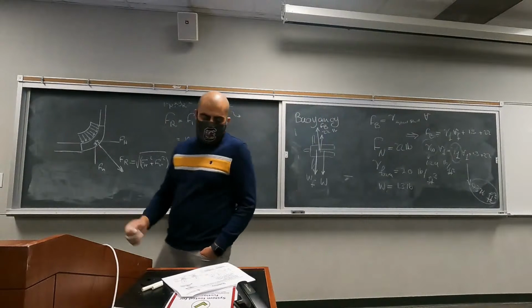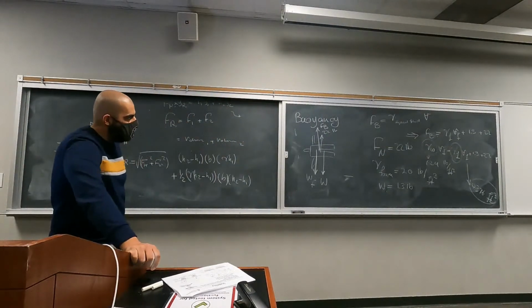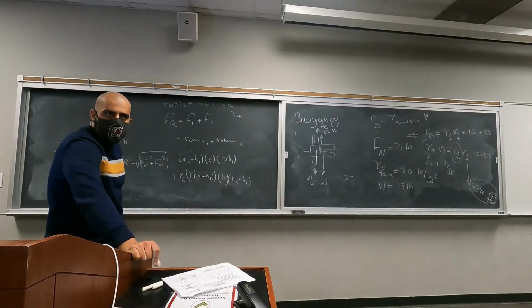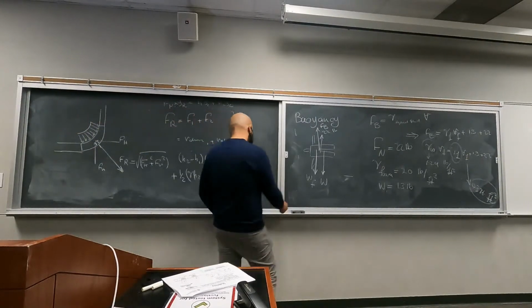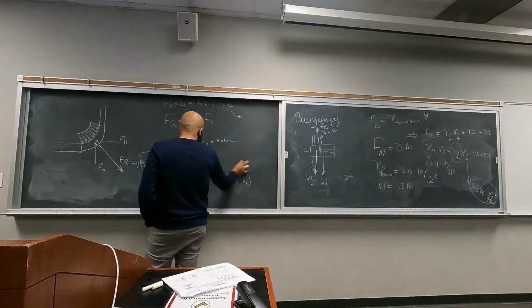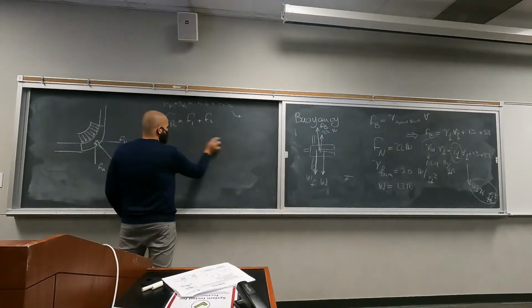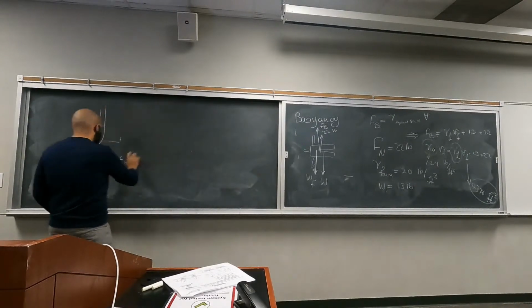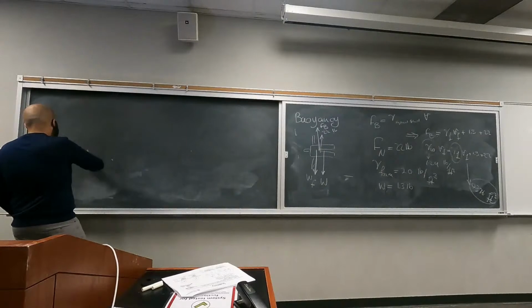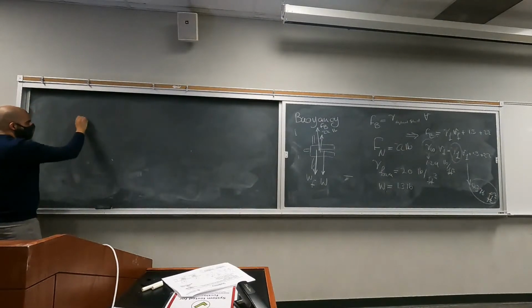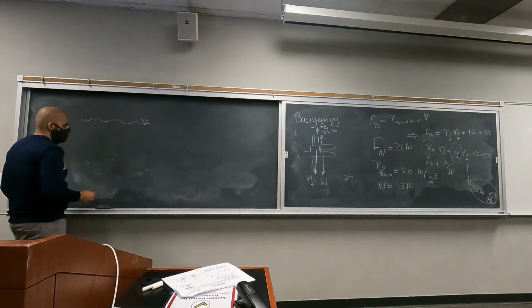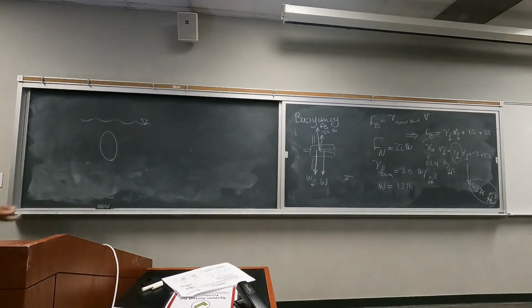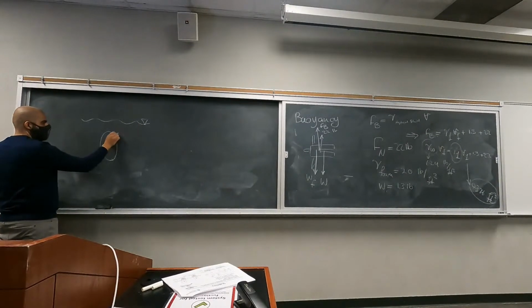The next thing we want to talk about is the stability, which is one of the results of this buoyancy force. Okay, let's say an object is submerged in water. You have the free surface. You have an object like this that is submerged. What is going to happen if you try to push the object in this direction?